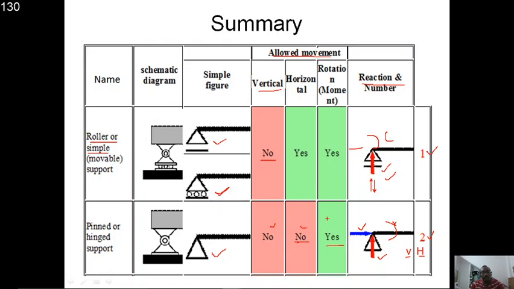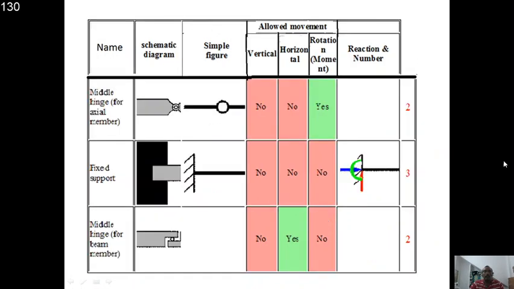See, the hinge support can also be introduced in between members. In this figure, you see a hinge introduced between two members. This is the first member and this is the second member. In between the first and second, a hinge is introduced. So a hinge can be introduced in between members.